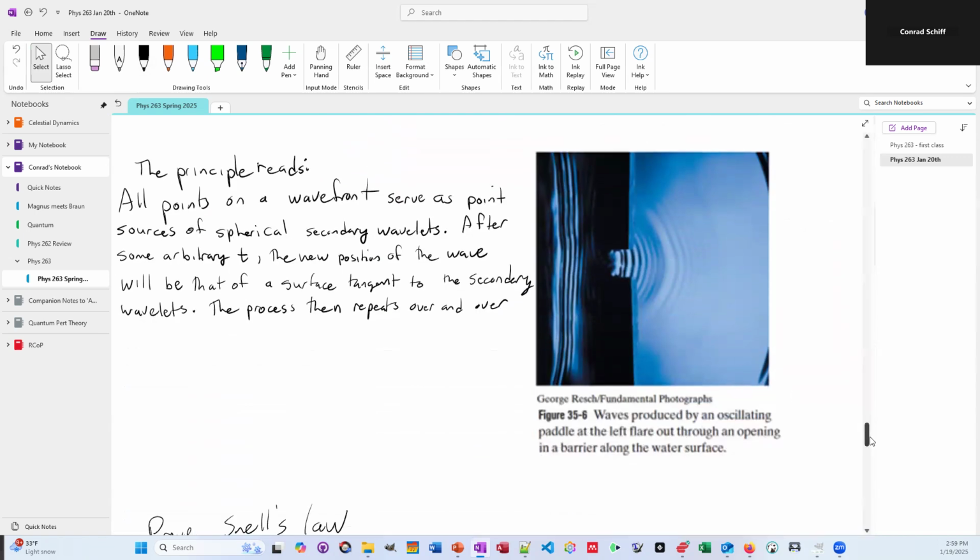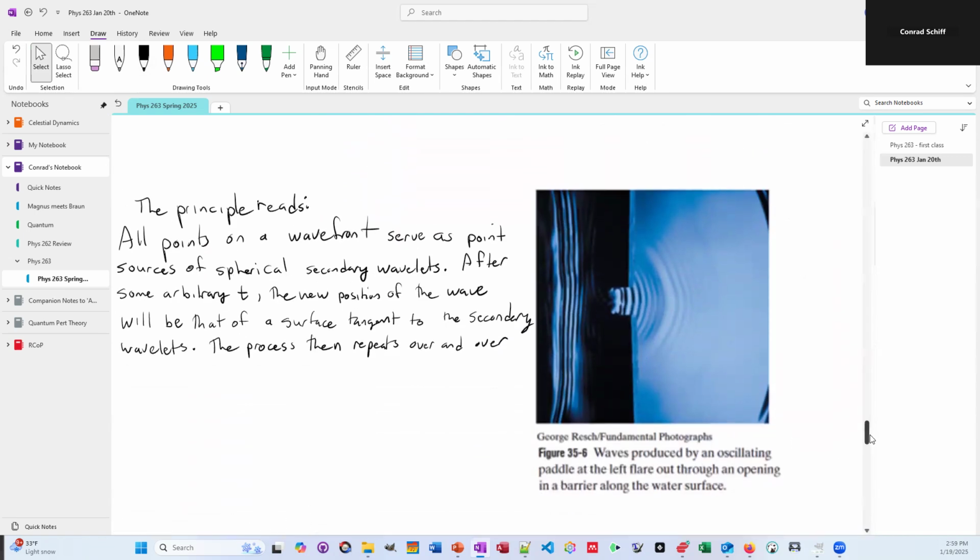But before I go ahead and do that proof, it's important. I've recopied the principle down here again. This is a picture your book includes where there's some paddle back here that is driven by a motor to go up and down, and it produces straight or nearly straight water waves.